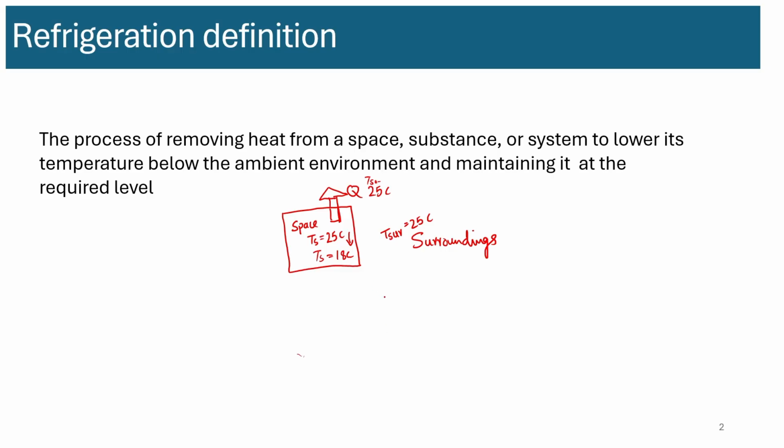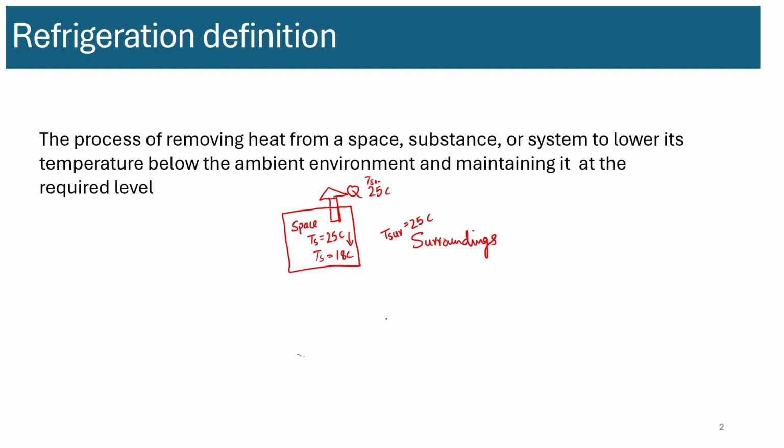Normally heat would like to go from a high temperature to low temperature, right? Your coffee cup, if you place the coffee on your table, it tends to cool down. So heat normally goes from high temperature to low temperature. The coffee loses heat to its surroundings. Here, the heat has to go from a colder object, let's say at 18 degrees C, to a warm object, the surroundings. So the refrigeration effect is a little bit tricky.